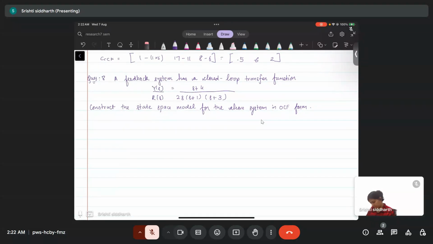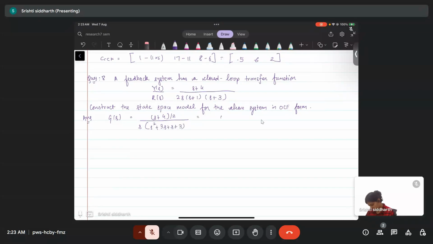Okay, so let's see. Let's convert the transfer function to the standard form. So we have s plus 4, divided by 2, over s squared plus 3s plus s plus 3.